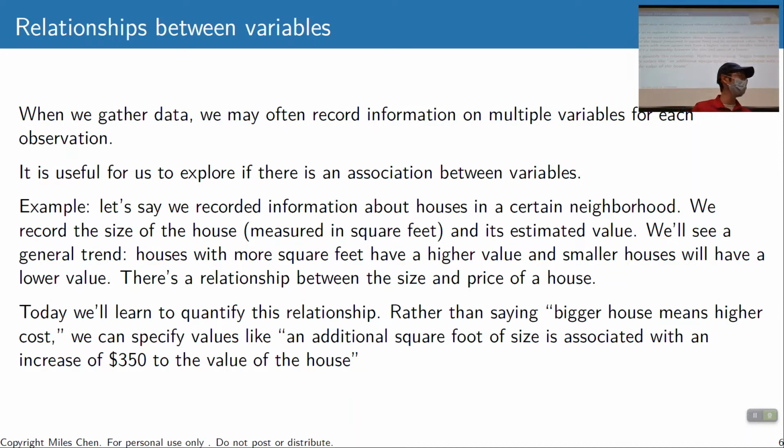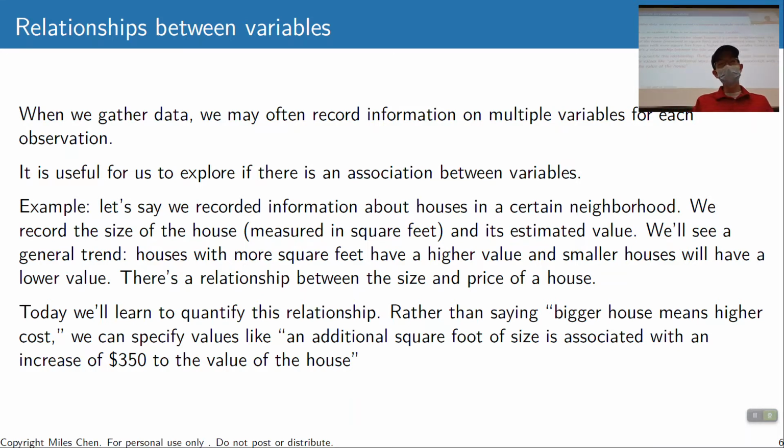And others might be numeric, such as the years of education that the mother received, or I think one of the variables is how much weight they gained, or something like that. Okay, and so we want to be able to take a look at two of those variables, and in this case they have to be numeric variables. And we want to see if there's any kind of association or relationship between them.